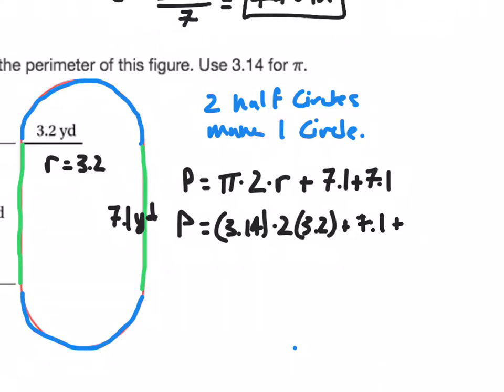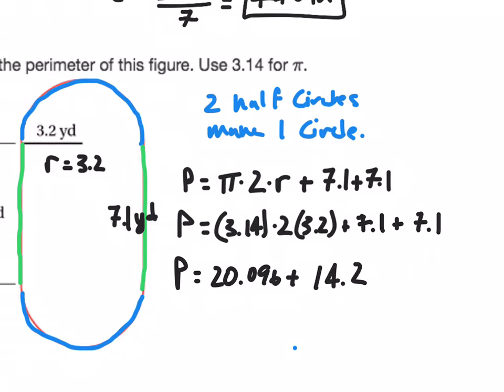If I add all these together, let's first multiply the part for the circle. So 3.14 times 2 times 3.2 is going to give me 20.096, and then 7.1 plus 7.1 is going to give me 14.2, so plus 14.2.